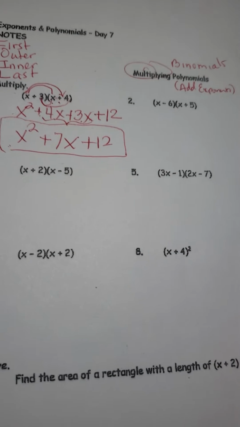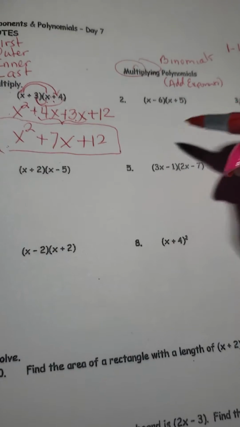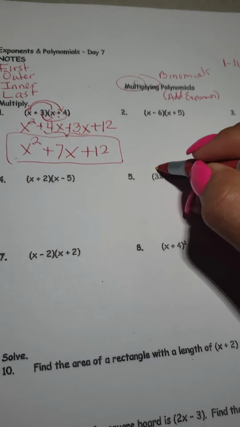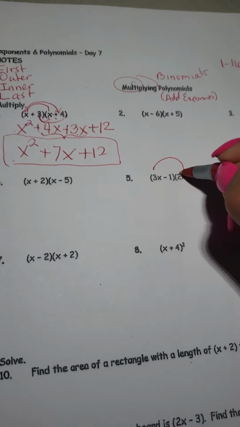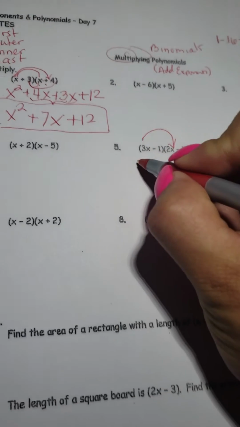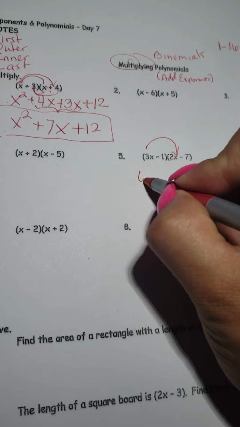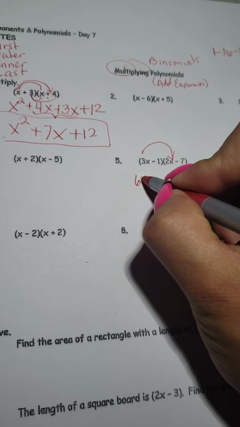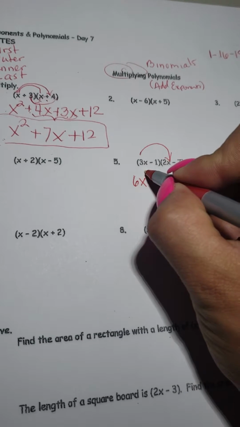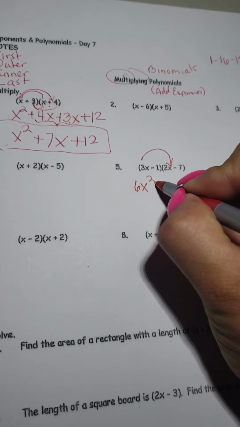Let's do number 5. 3x times 2x will give us? 3 times 2 is 6, and x times x is x squared, or to the second power.